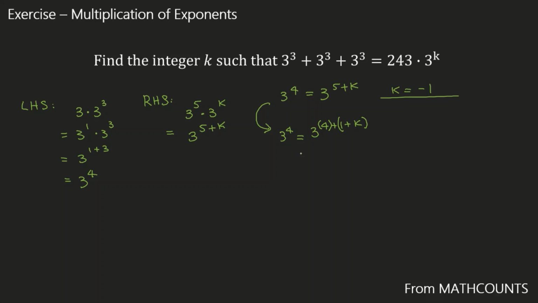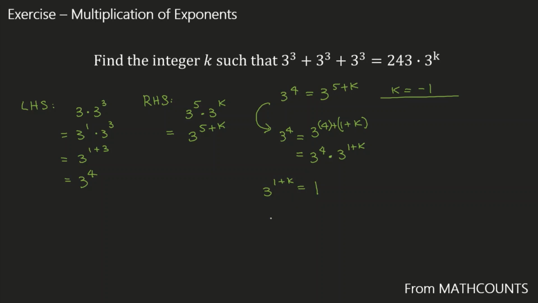So you can see that if we use the multiplication property on exponents with the same base, this is equal to 3 to the 4th multiplied by 3 to the 1 plus k. So now we have left-hand side is 3 to the 4th and right-hand side is 3 to the 4th multiplied by something. And to make these the same, this something has to be equal to 1. So that means 3 to the 1 plus k must equal 1.